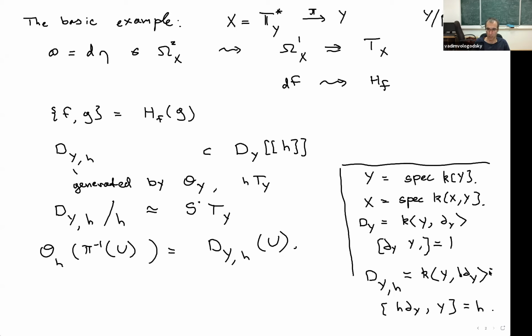Yes, and I need to add formal power series. So then the quotient by h looks like it's just K of Y, right? No, because h times D_Y is not divisible by h in this ring.